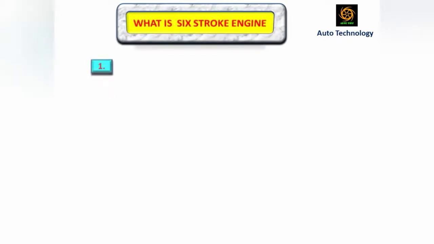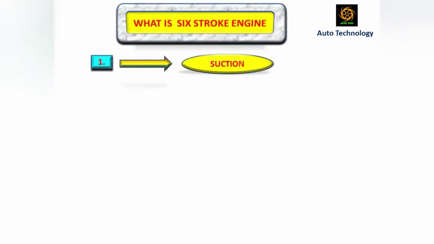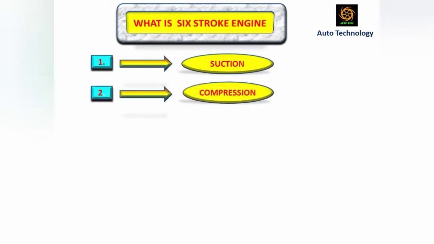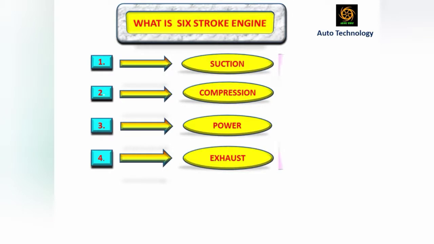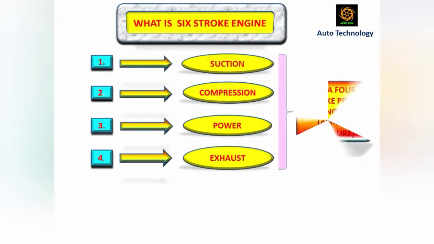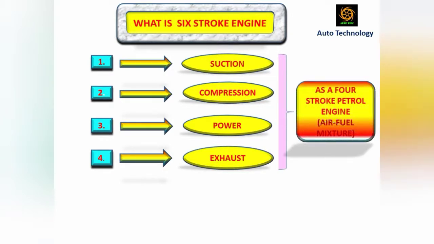The 6-stroke engine adds 2 more strokes after the exhaust stroke. In a 6-stroke engine, the first stroke is suction, the second is compression, the third is power stroke, and the fourth stroke is exhaust. These 4 strokes are the main strokes of the 6-stroke engine, like a 4-stroke petrol engine.